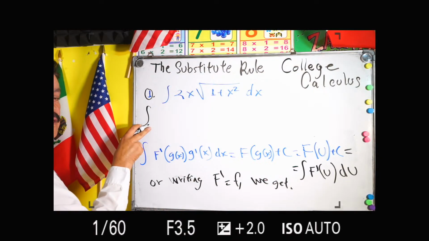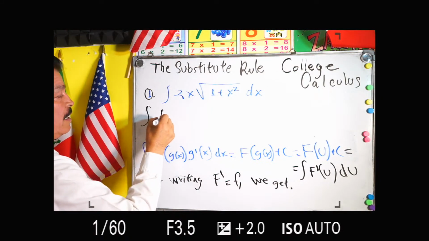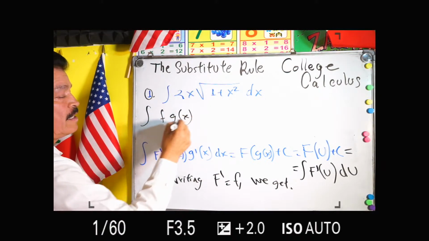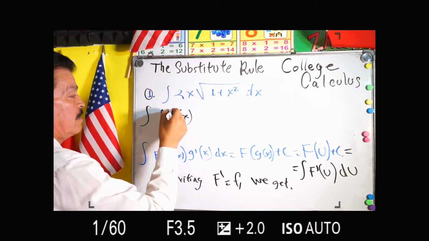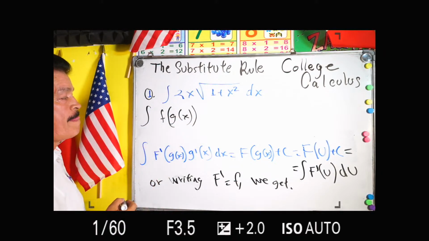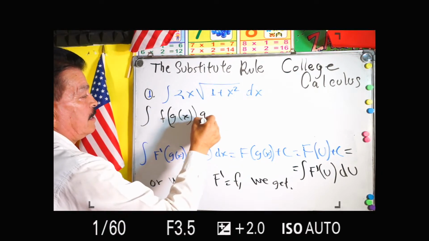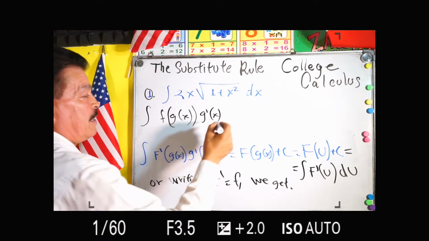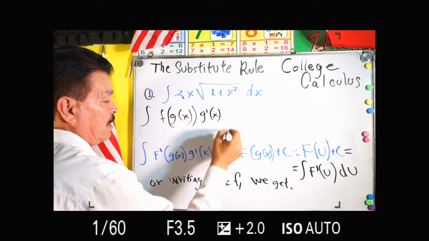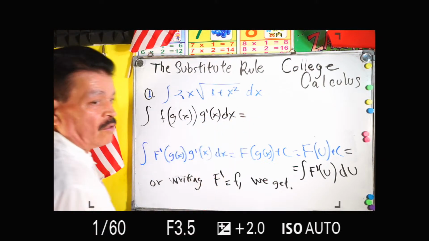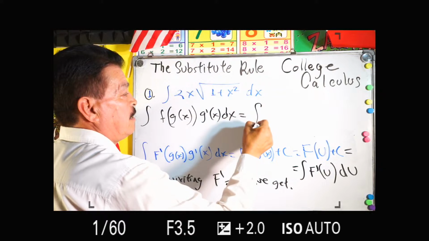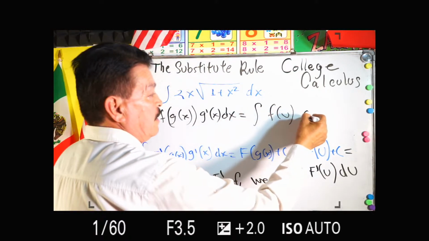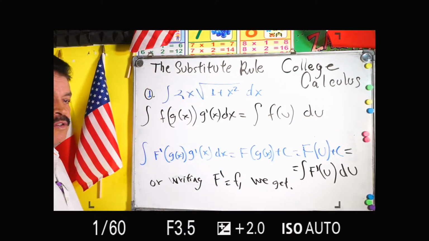So write the integral sign, f of g of x, and then g prime of x dx equals the integral of f of u, differential of u. Okay, almost done, almost done.